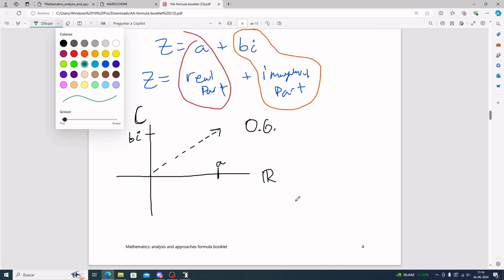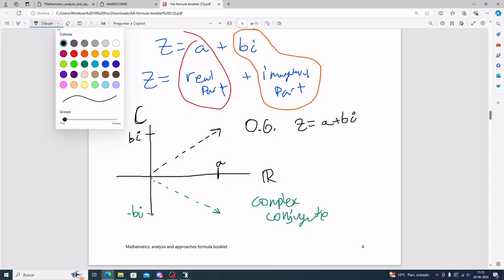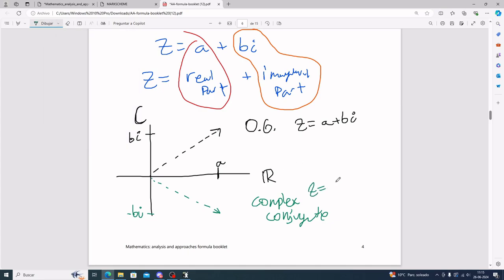And the complex conjugate, just so that we see it more visually, is sort of like the mirror. It's in the same sort of direction, but mirrored, and over here you would have minus bi. And so if the OG is z equals a plus bi, then the complex conjugate is pretty much the same thing, just that z equals a minus bi.